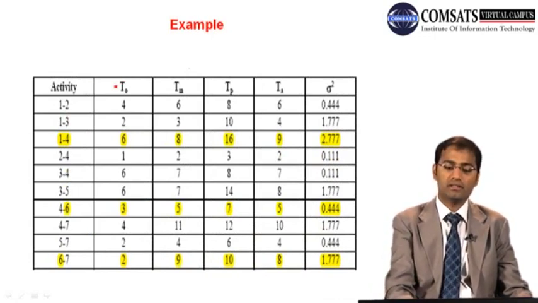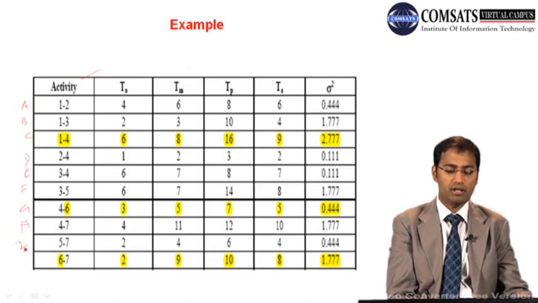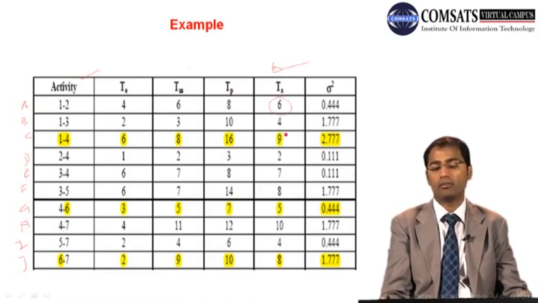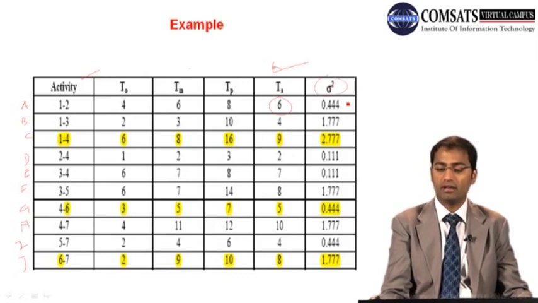Okay, so these are the activities A, B, C, D, E, F, G, H, I, J. T0, TM, TP, but then T is the time of the activity through that 3-point formula, and this is the variance we have calculated.